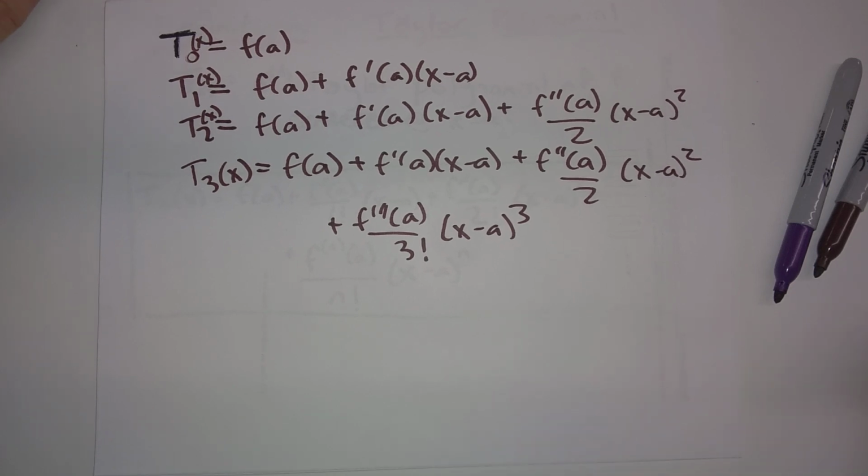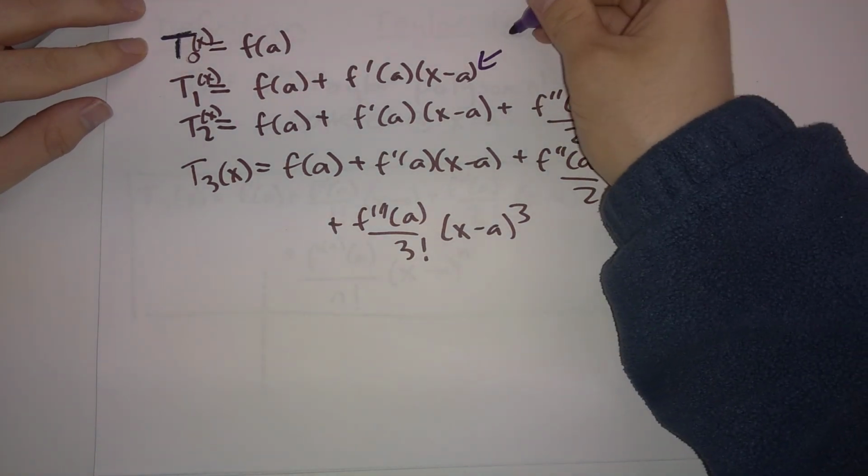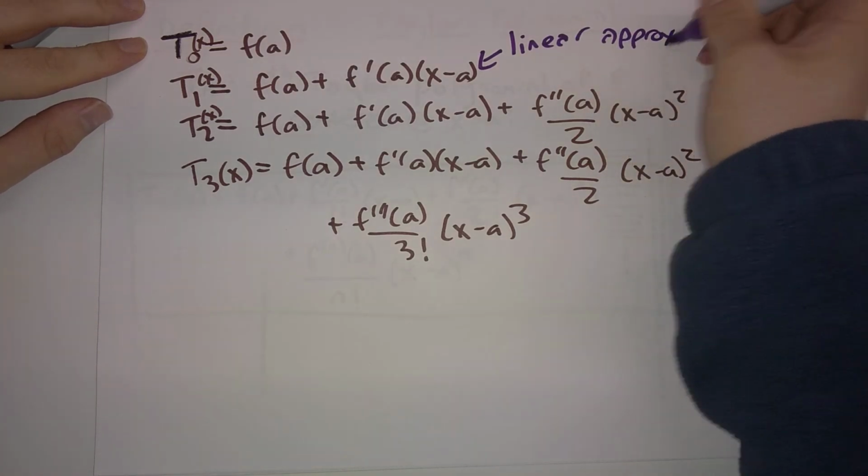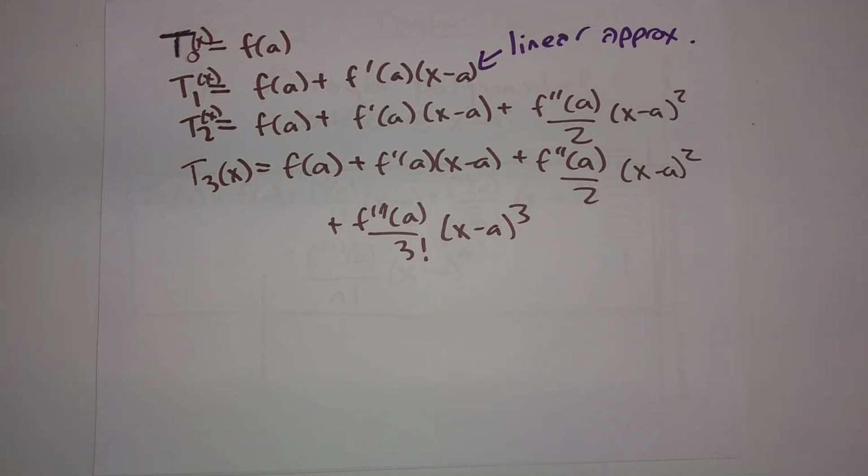So you give me a function, and you tell me a particular value of a, and you can just plug things into this formula after taking derivatives to get your Taylor polynomials. I'll just point out, this is our linear approximation. So we are circling back to stuff again from Calculus 1.